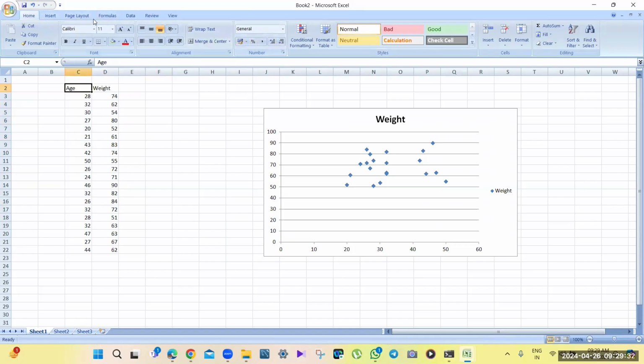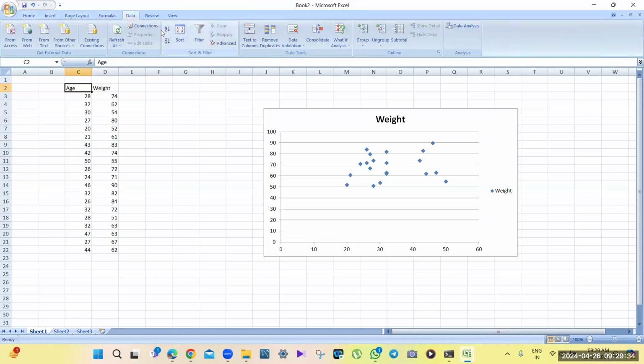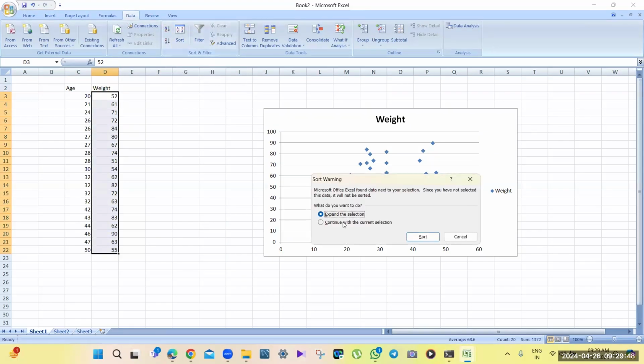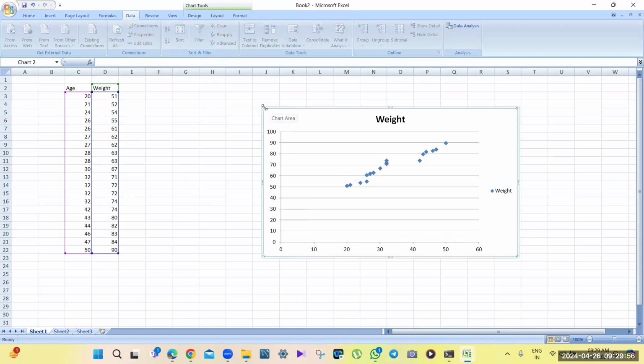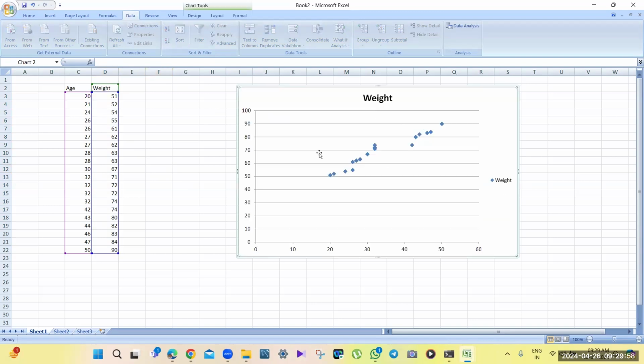If I try to change it, yeah, now it's better. So let's say this is the data that we have been given, age and weight, and this is how the data looks. These are age and these are weight.